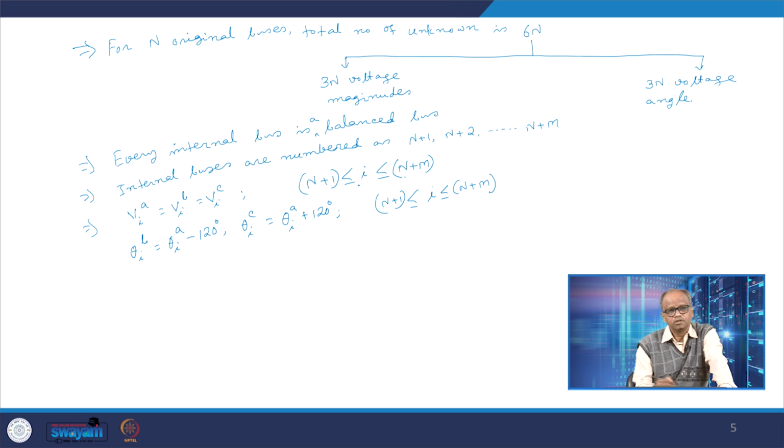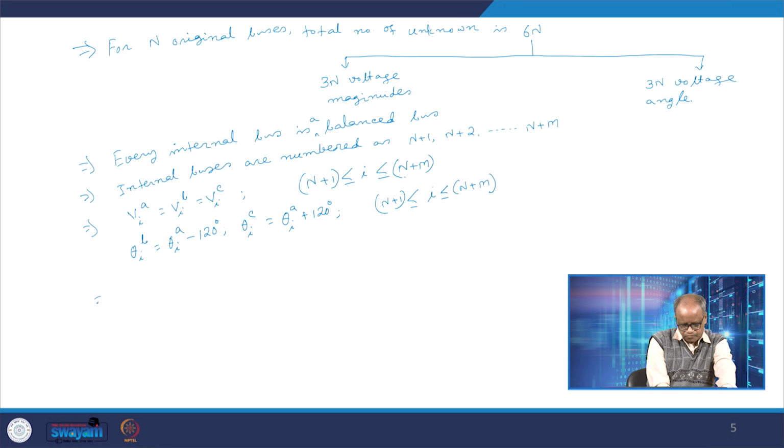For example, in our case, for bus numbers 6, 7 and 8, VIA would be equal to VIB equal to VIC, and theta IB would be 120 degrees lagging theta IA, and theta IC would be 120 degrees leading theta IA.